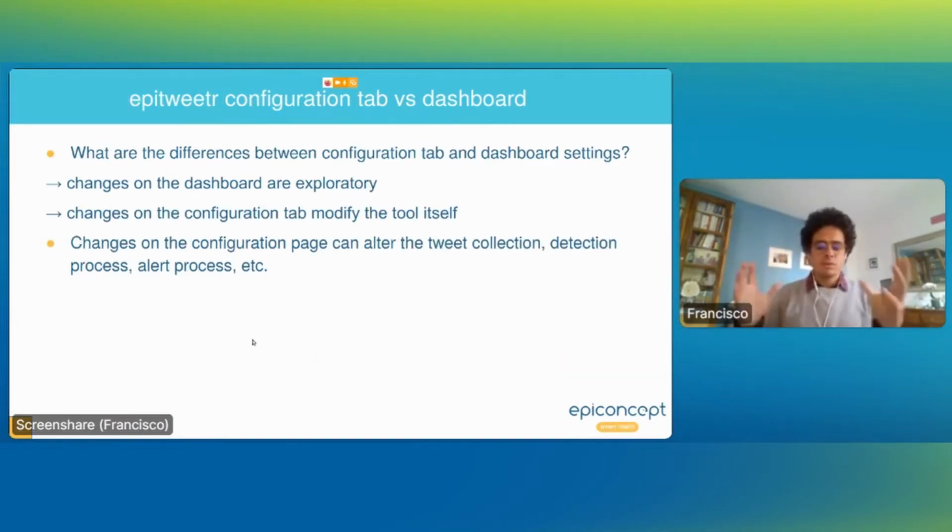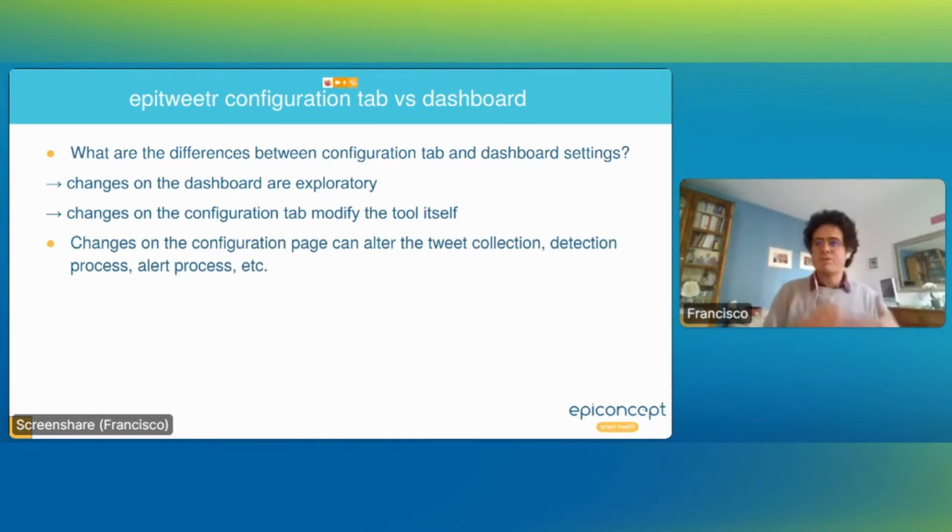Okay, so I was talking about the configuration tab, and we also have, as I said, a dashboard with some reports. The difference you will find between these two interfaces is that in the dashboard, you will perform exploratory analysis. You can play with anything in that page without worrying about affecting anything.